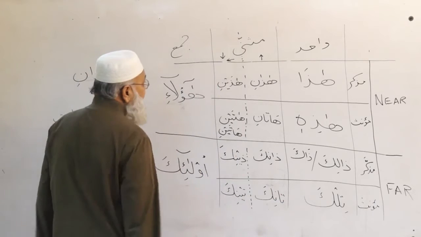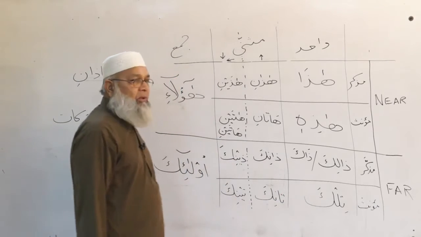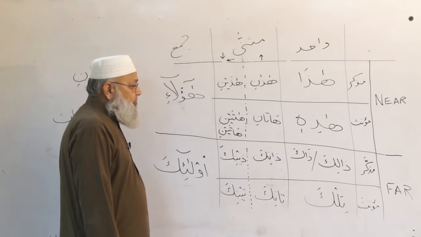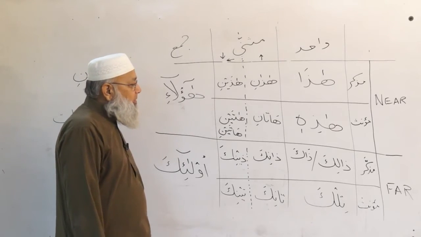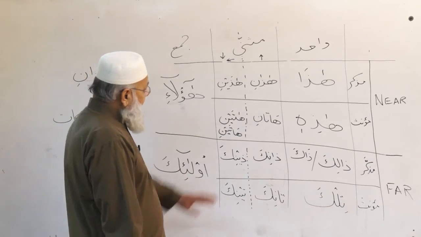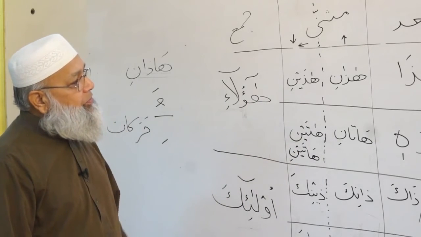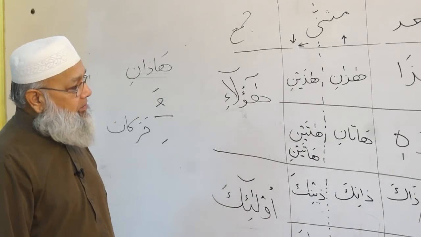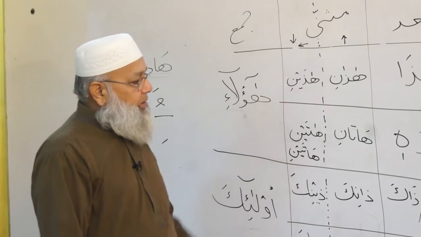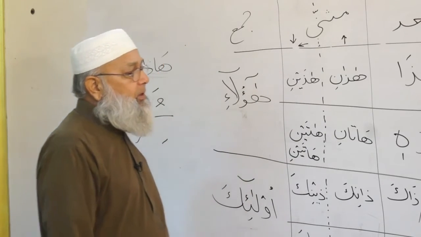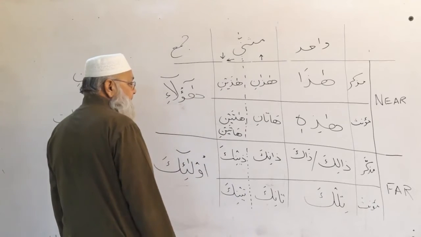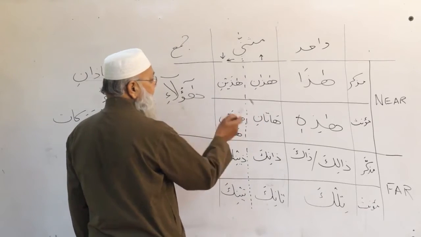Since this musanna form is always according to the rule, you don't have to waste much of your time remembering the nasab and jar forms too. Just remember the rafa form, and the others will automatically be formed according to the rule. So, to remember, I'll repeat in front of you again and again.